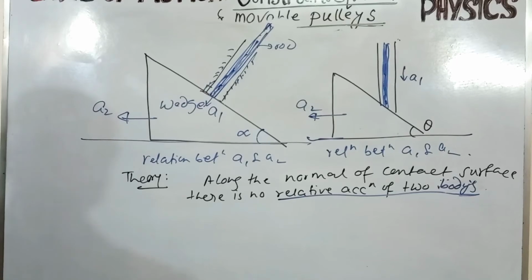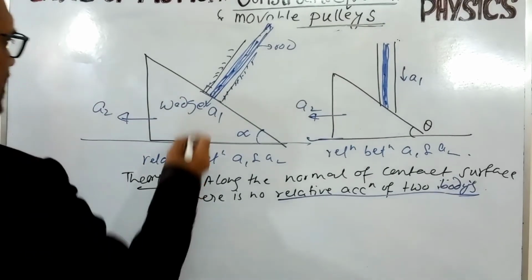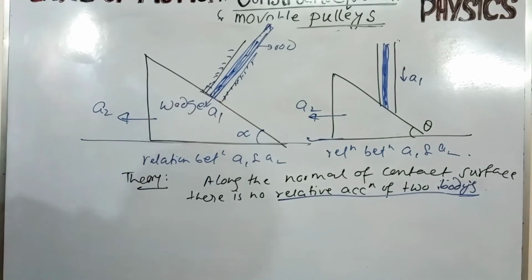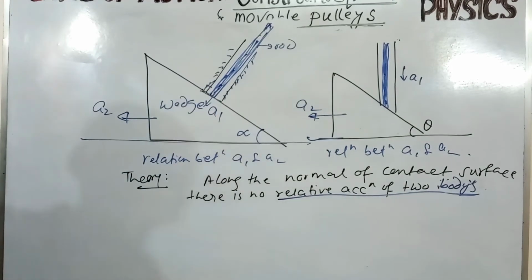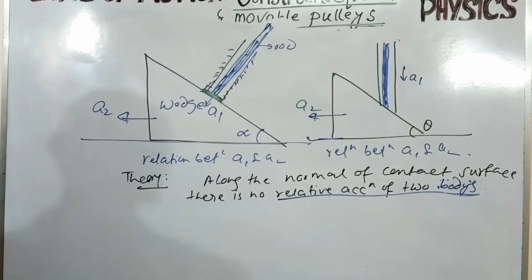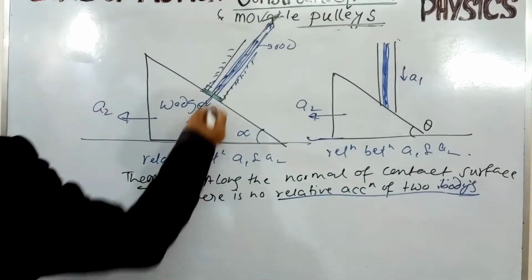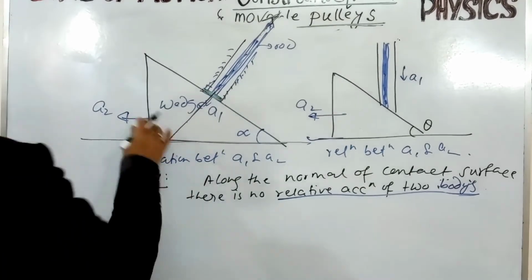So we have to take the normal direction of the contact surface. First select the contact face. This is the contact face. We take the normal direction here, in this direction. Now what is a2?